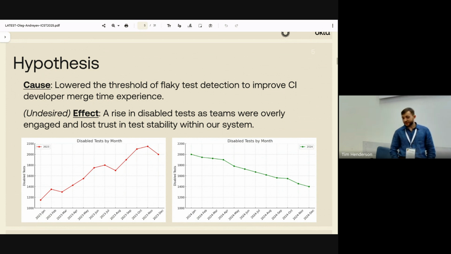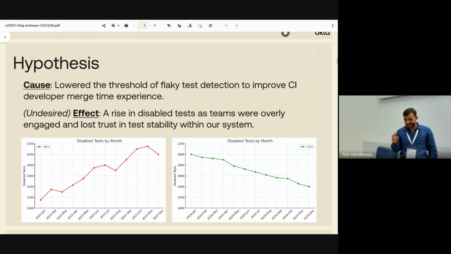Thank you. In 2023, we focused heavily on CI system efficiency. We wanted to improve the speed of merging code. We reached that goal: developers were able to merge their code 50% faster. One of the levers that we used to accomplish this goal was reducing the threshold of our flaky test automation application.